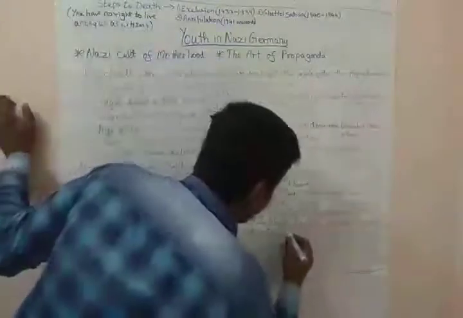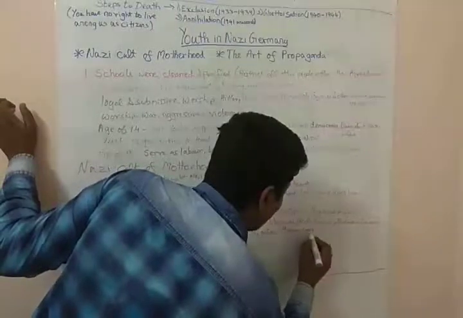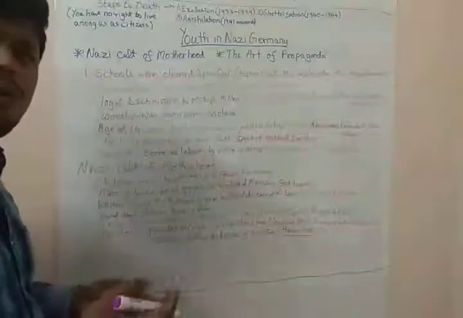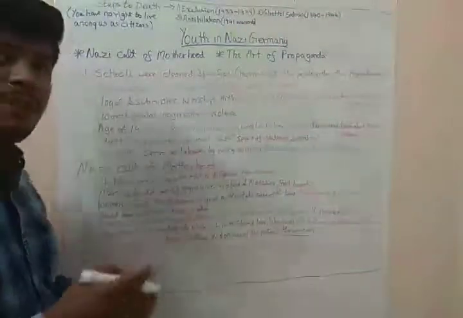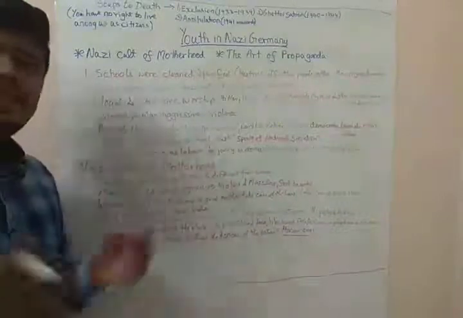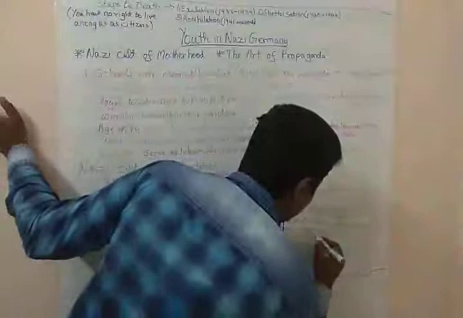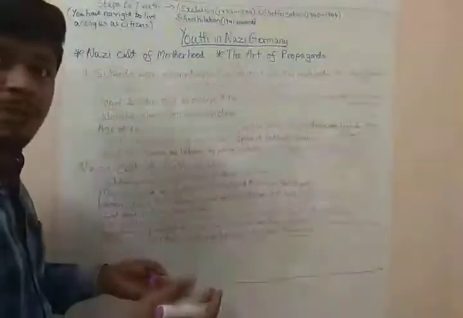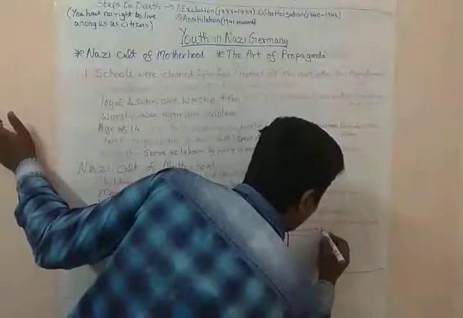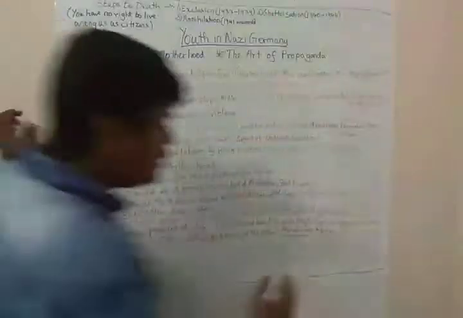There were different types of medals awarded to girls and women, not for achieving any great thing, but if a woman gave birth to 4 babies, she would be awarded a bronze medal.